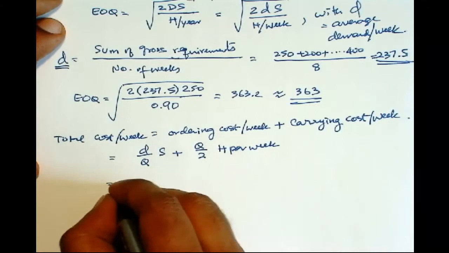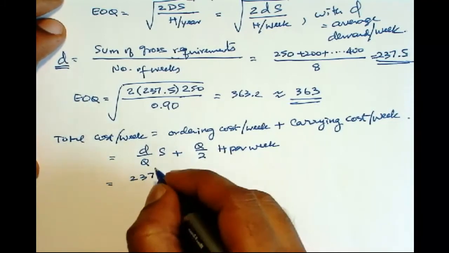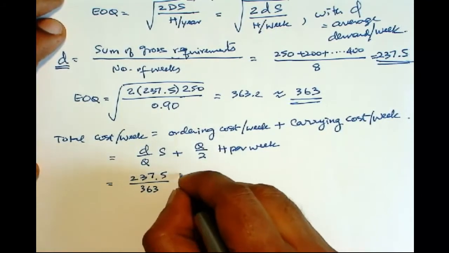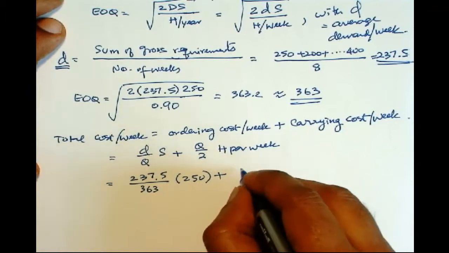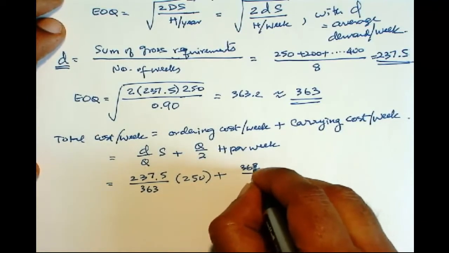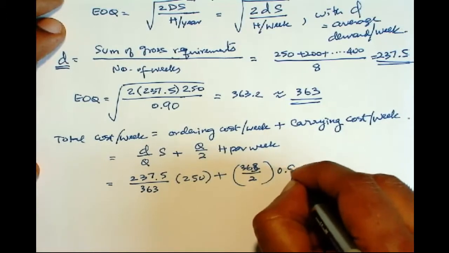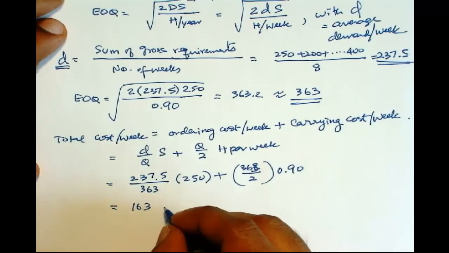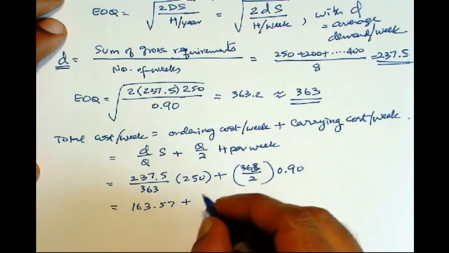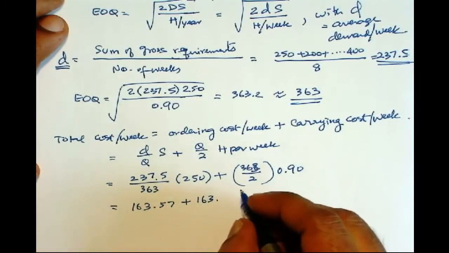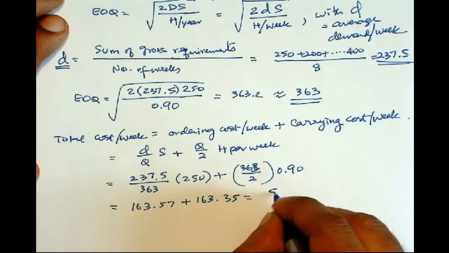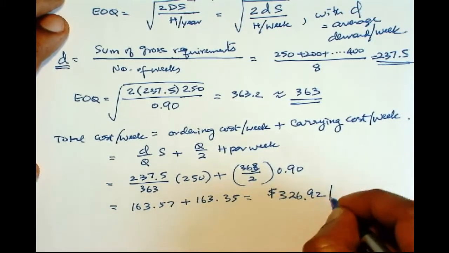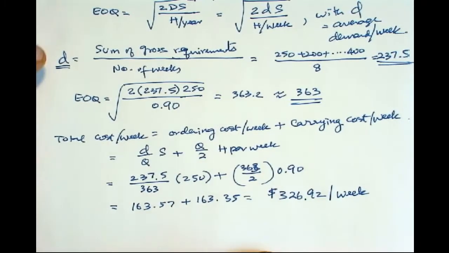So this is equal to 237.5 divided by 363 times 250 plus 363 over 2 times 0.9. That gives you 163.57 plus 163.35, equal to 326.92 per week.